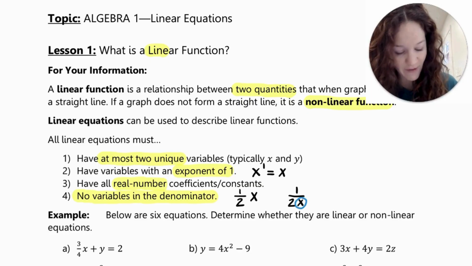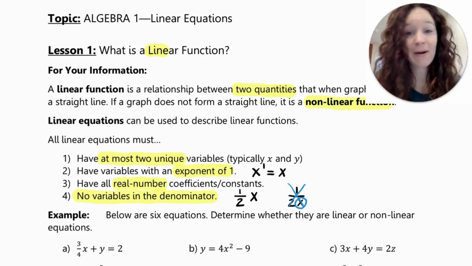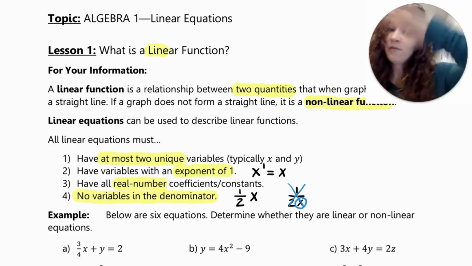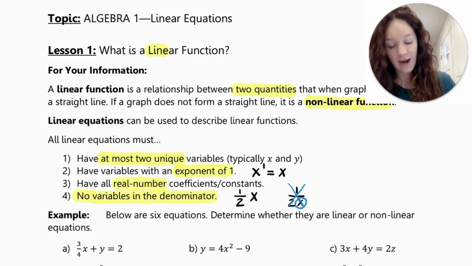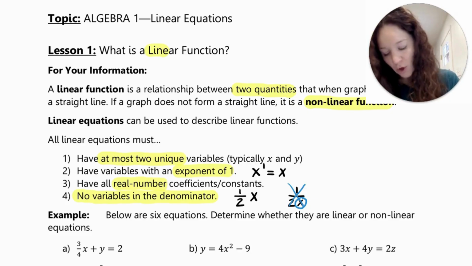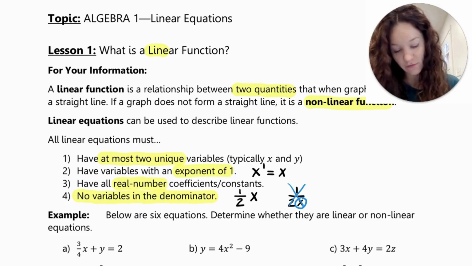When that variable goes in the denominator like that, that's a major, major no-no, automatically nonlinear. So you could have a fraction as a coefficient, but that x or that y would not be in the denominator with that fraction. Okay, so this is very straightforward.